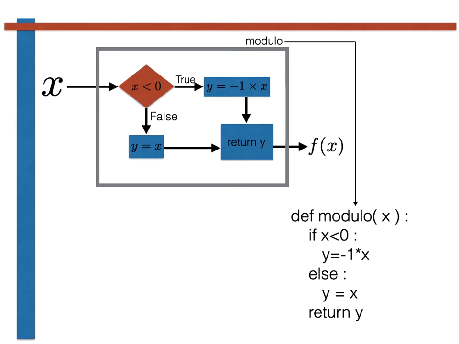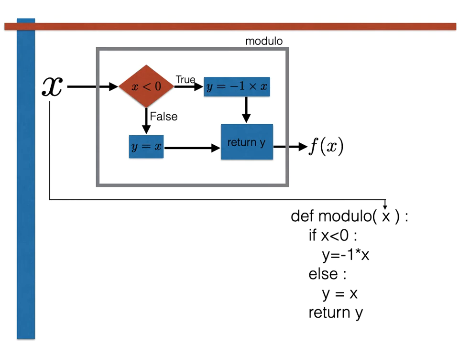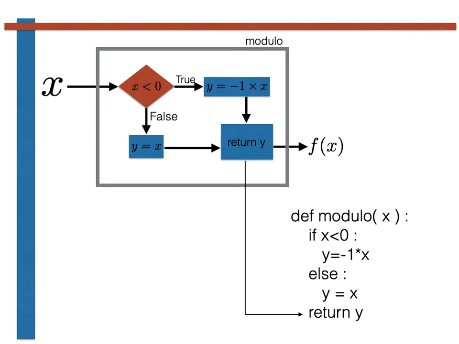You will also notice that the function takes a single input argument x, as is indicated in the diagram, and also that the function returns a single value y, just as would be expected based on our flowchart. The decision as to how to compute y is made by the line containing the if statement.